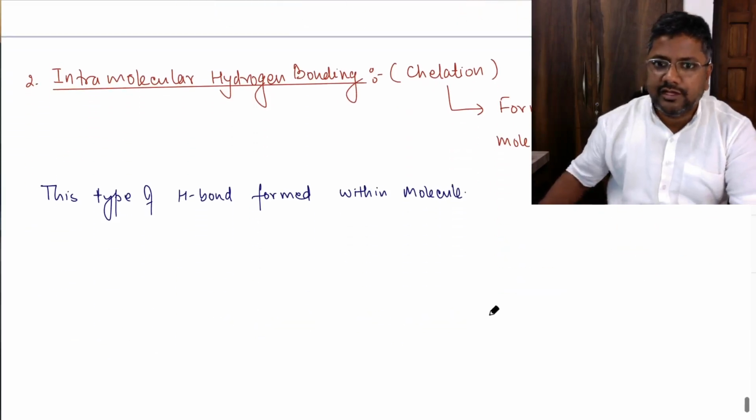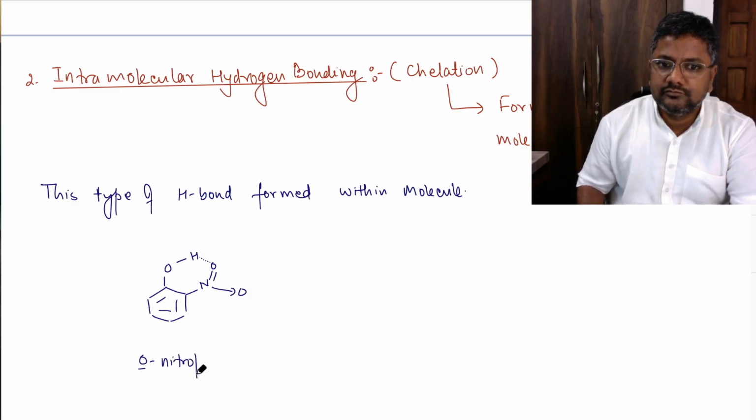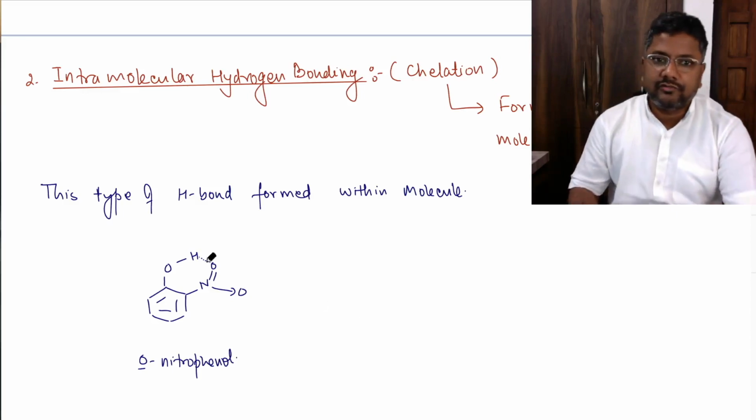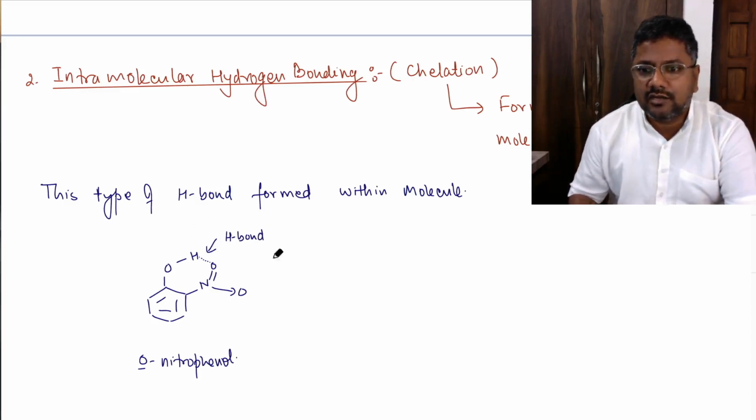For example, if you take orthonitrophenol, in case of orthonitrophenol there is a hydrogen bond, and this hydrogen bond is called intramolecular hydrogen bond.